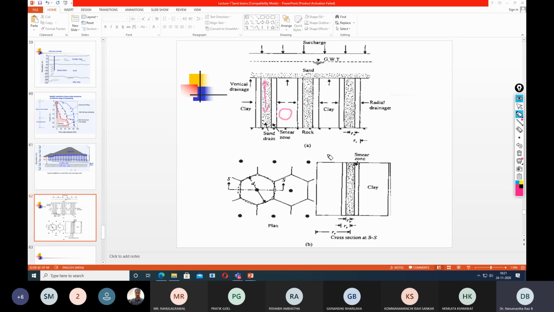The changes in the effective stress and total stress conditions were already nullified. So even if the groundwater table rose to the ground surface, there will not be any effect. Okay, so groundwater table can rise after consolidation. Yes, yes.